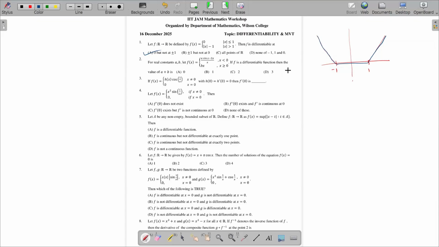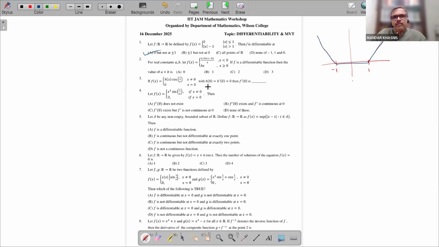And if it is continuous, then we can get a condition on the unknowns A and B, a relation between A and B. After that, checking differentiability, we will come across some other condition of A and B. That is why there are two equations, two unknowns. We'll find out the value. Very good. So let us not do that.